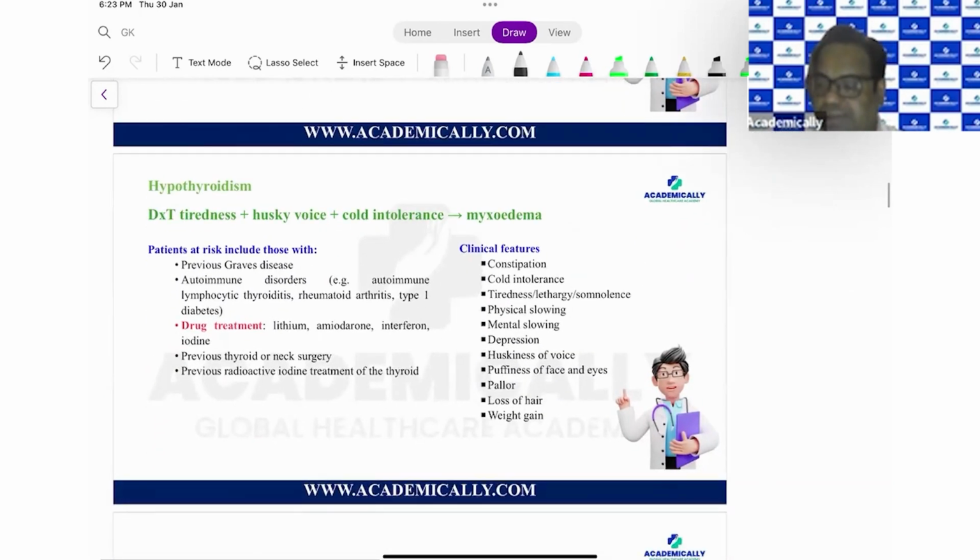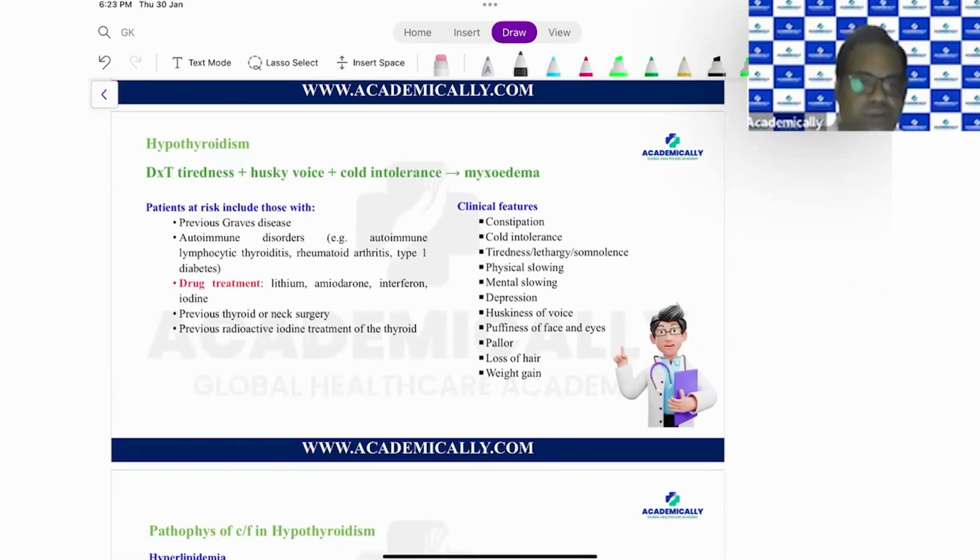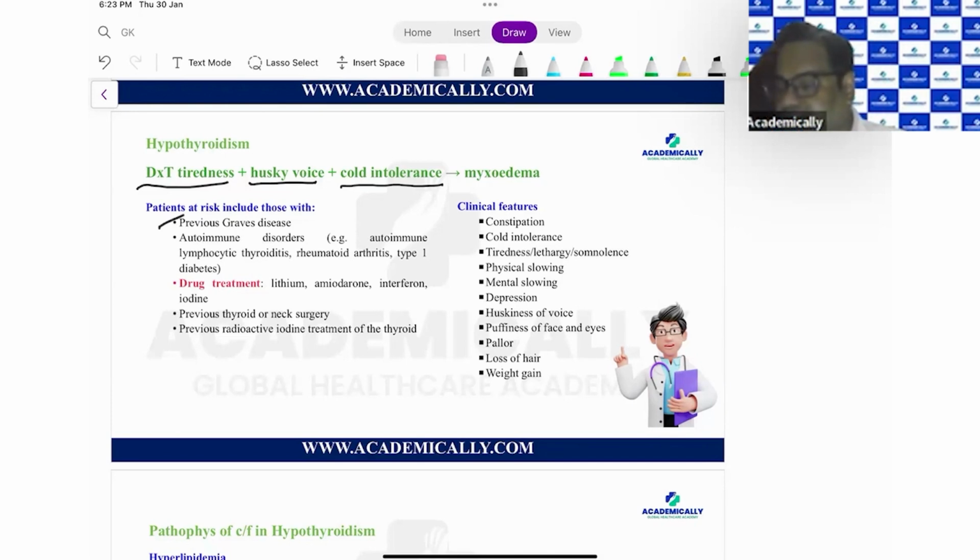So, in your examination, what is the clue to tell you that there is hypothyroidism? If you have a lady who is tired, who has a husky voice, and who has cold intolerance, then you are thinking in terms of hypothyroidism. Which are the people who are at risk? If there is a history of Graves' disease, if you have over-treated the patient, or if the patient has other autoimmune disorders.